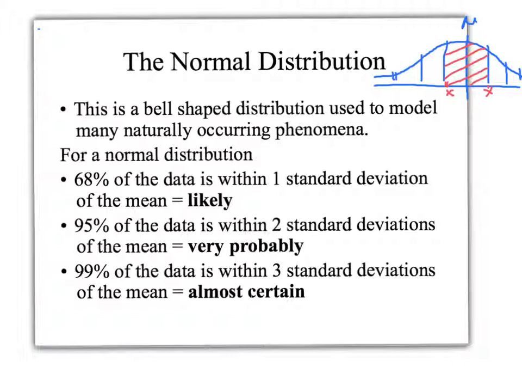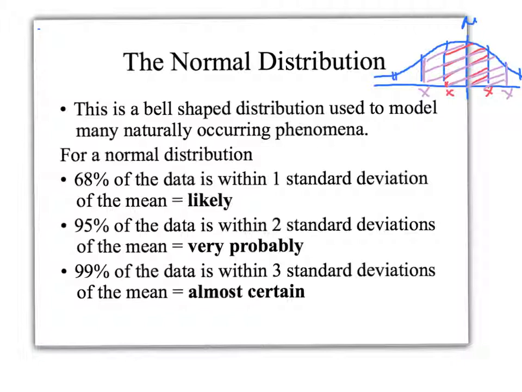Let's use a different colour. Let's go to purple. It's very probable or very likely that students will be between these weights or heights. Between those purple ones, it's very likely that students will be between those two weights.